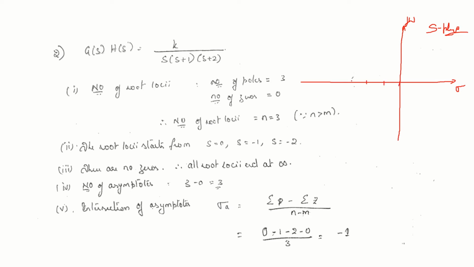Get a range of marks like this. This is 0, 1, 2, 3, minus 1, minus 2, minus 3, minus 4, minus 5.